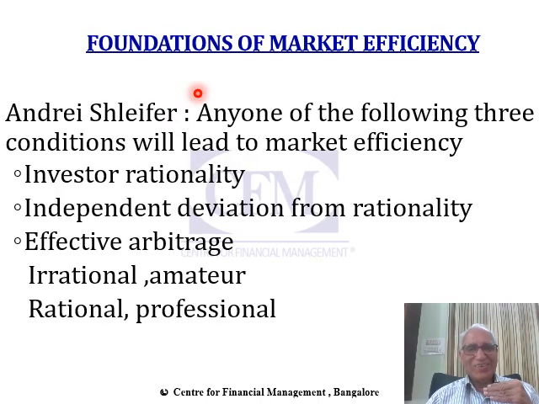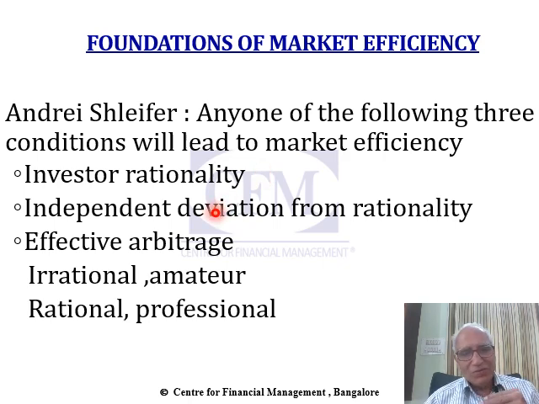According to Andrei Shleifer, any of the following three conditions will lead to market efficiency: investor rationality, independent deviation from rationality, and effective arbitrage. If investors are rational, they form reasonably accurate opinions about the impact of various events and developments, so their actions will ensure that market prices are good proxies of intrinsic values.